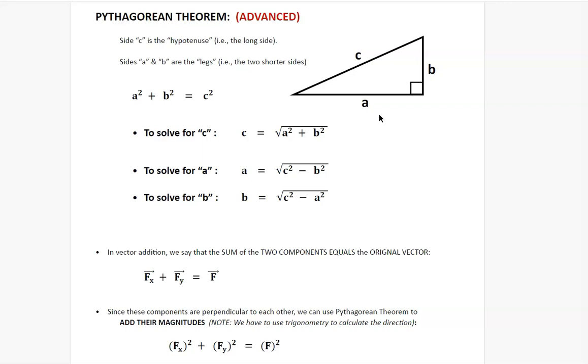Now, how do you go backwards? What if you have component vectors and you need the magnitude of the original vector?